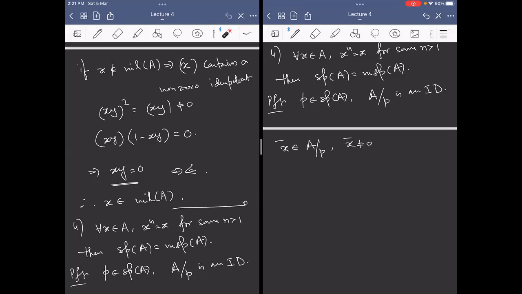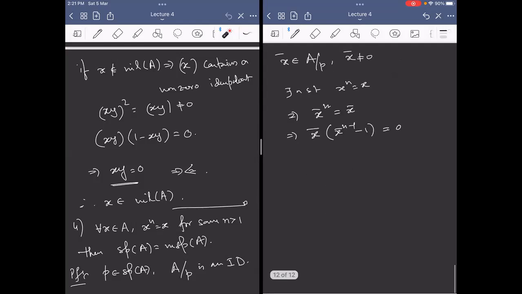Then you know that there exists n such that x to the power n becomes x, and therefore going modulo P you get x bar to the power n equals x bar. Take everything to the same side. So you get x bar taken common, x bar to the power n minus 1, minus 1, is equal to 0. But since A mod P is an integral domain and x bar was non-zero, that means x bar to the power n minus 1 equals 1.